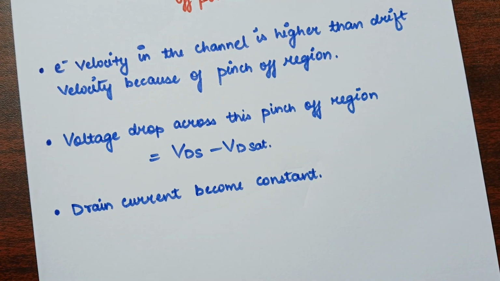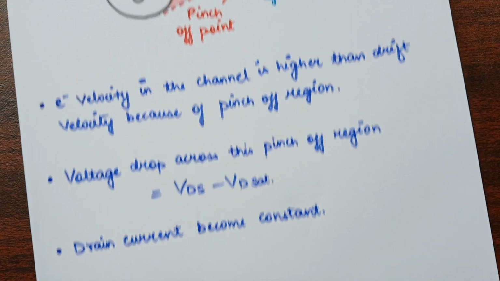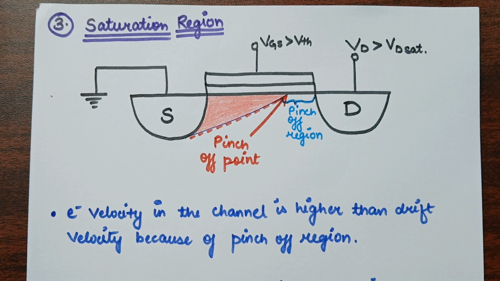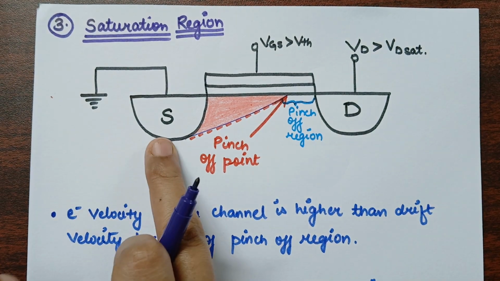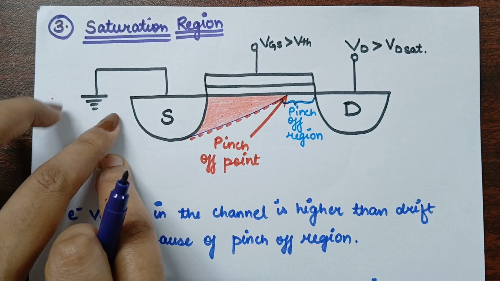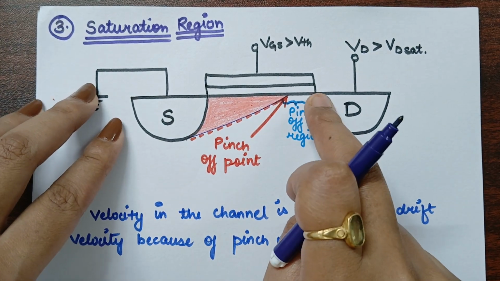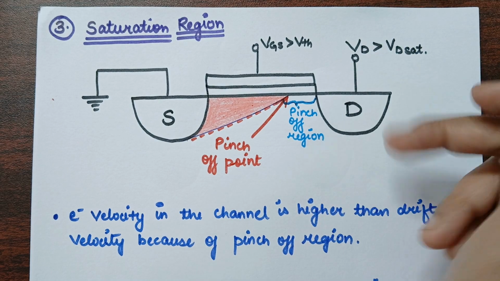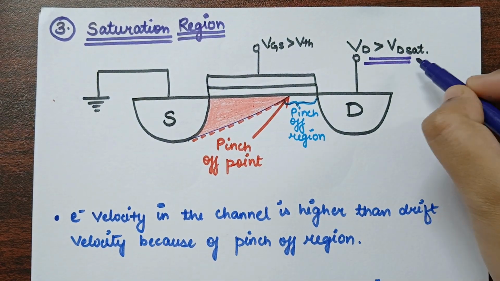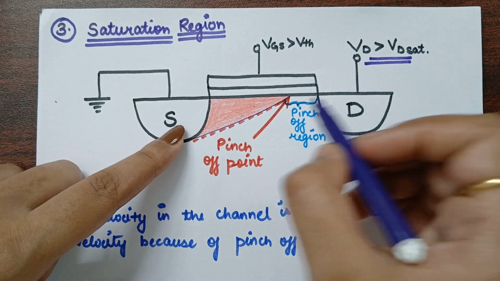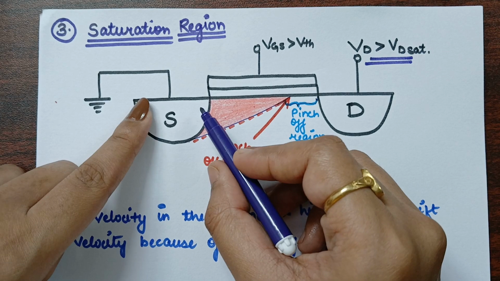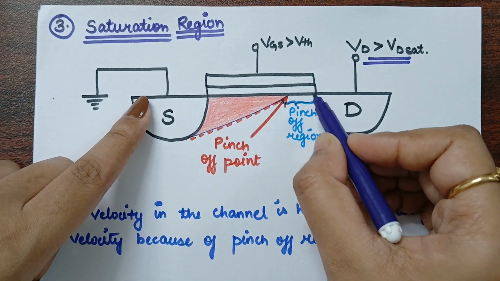Now the third region we will be studying is the saturation region. In the saturation region, you will observe that the pinch off point moves towards the source terminal. Previously it was here, and if we keep on increasing VD greater than VD sat, the pinch off point will move towards the source terminal and a vacant region will be created.